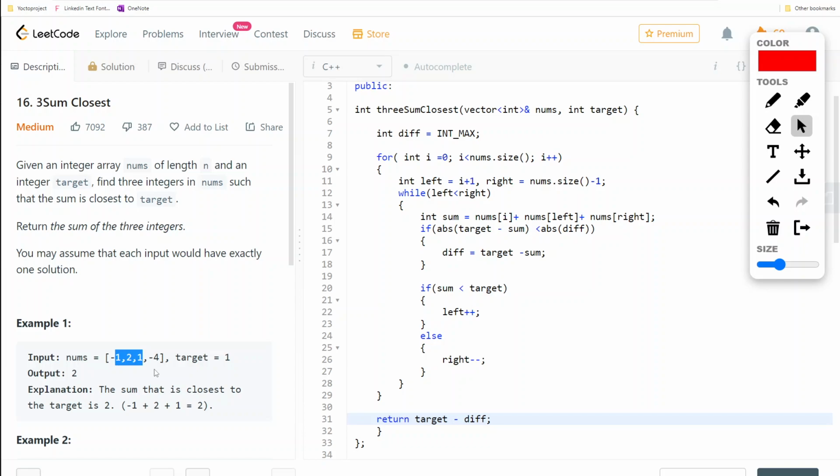They are not asking us to return the index, right? So if we sort it, then it becomes much easier, and even the two pointer approach requires sorting. So that's why before doing all this, we are required to sort.